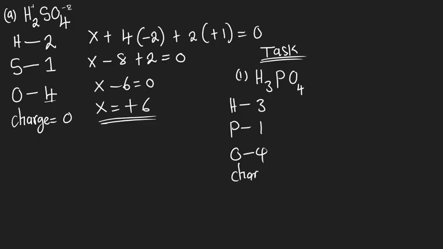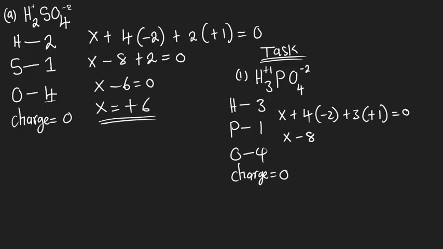Charge of the whole thing, 0. But we know that there's a plus 1 here and a minus 2 here. So of course we do the same thing. X plus 4 times negative 2, plus 3 times 1, equal to 0.